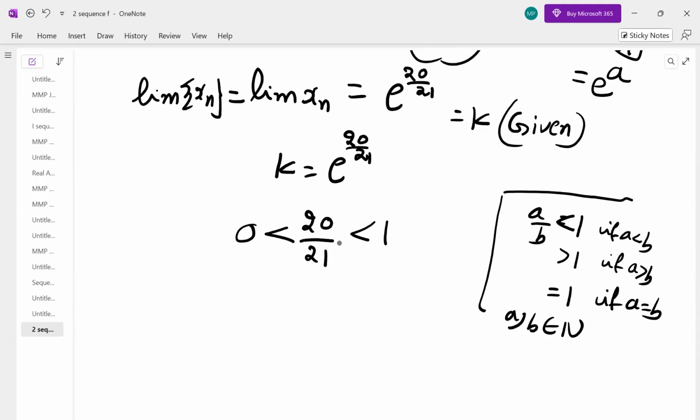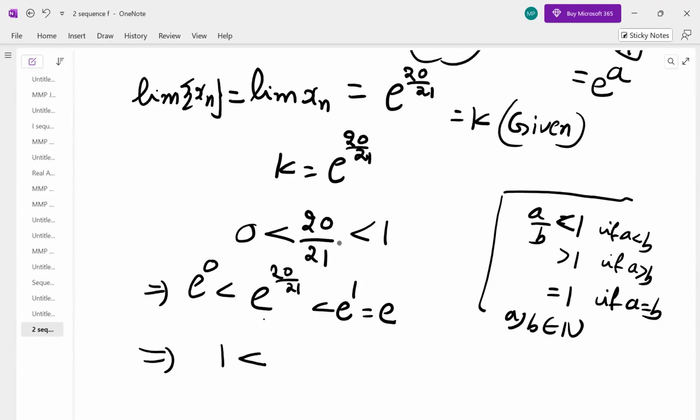This is e power what we want. So e power 0 is less than e power 20 by 21, because the exponential is an increasing function. E power 1 is e, and this is your k. E power 0 is 1, which is less than k, which is less than e. What is e? 2.7 something. So the value of e is between 2 and 3.